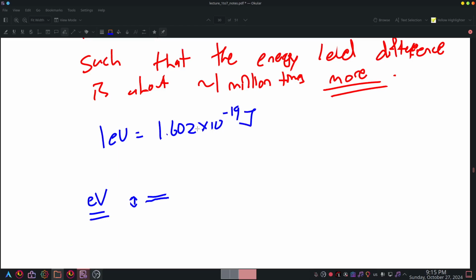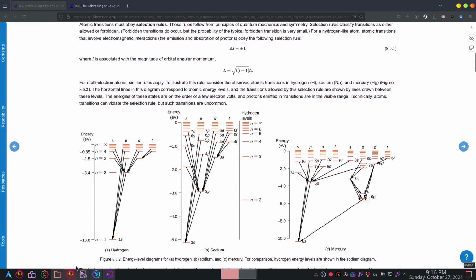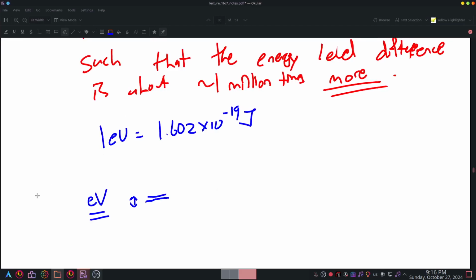So 1 eV is this much. You see, the hydrogen atom will have about 13.6 eV tops of energy.